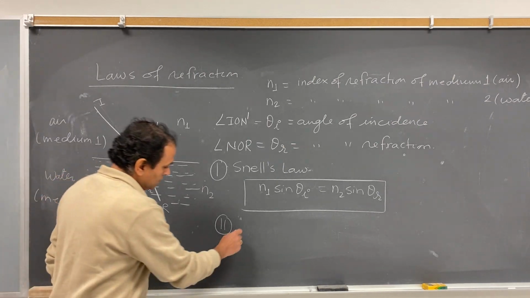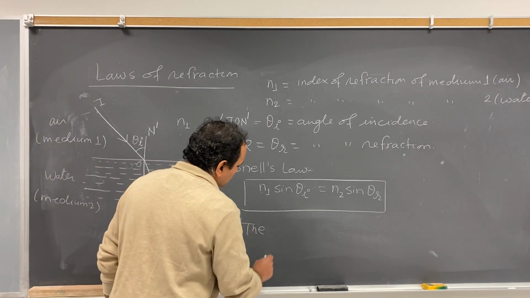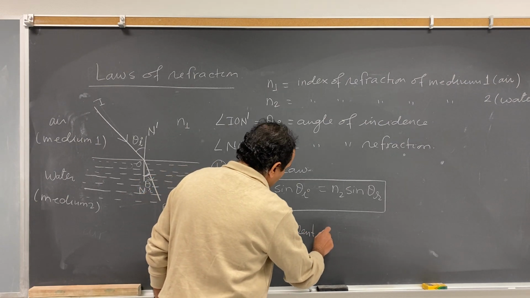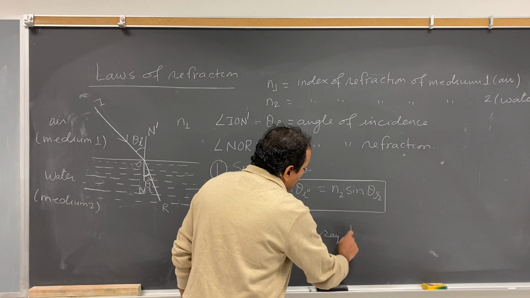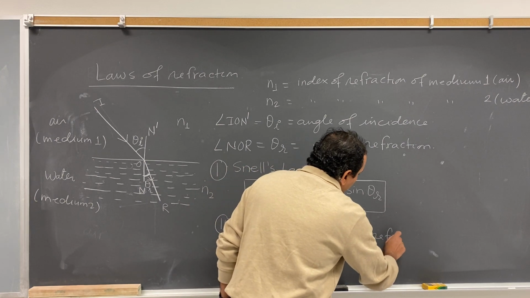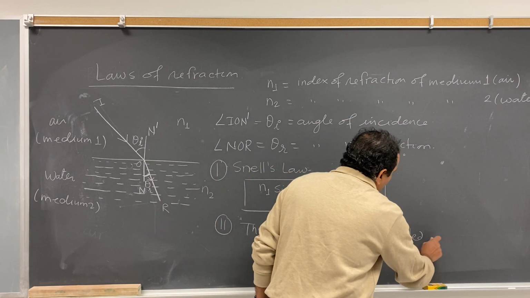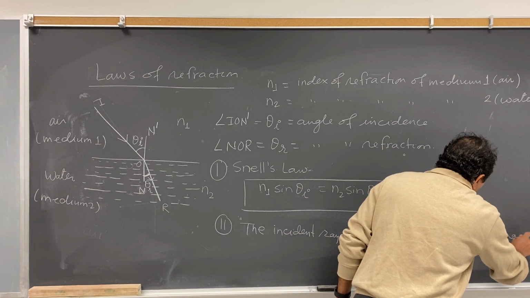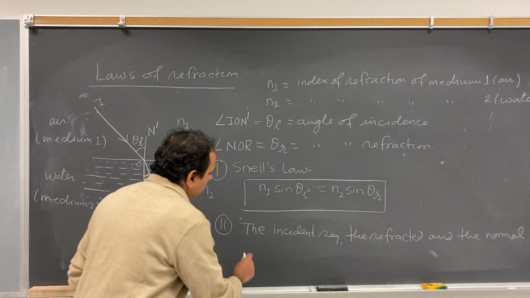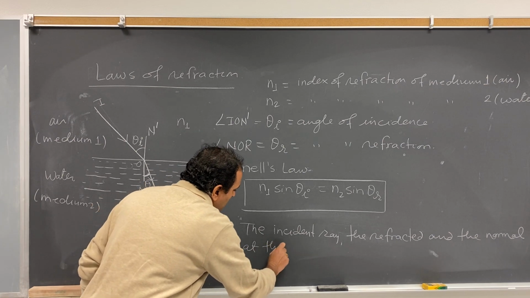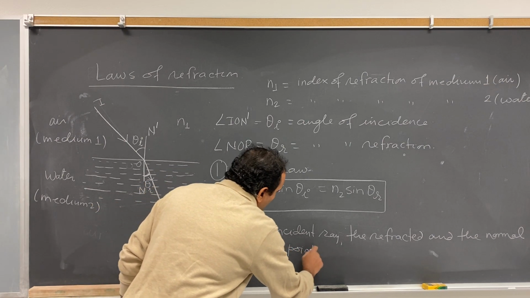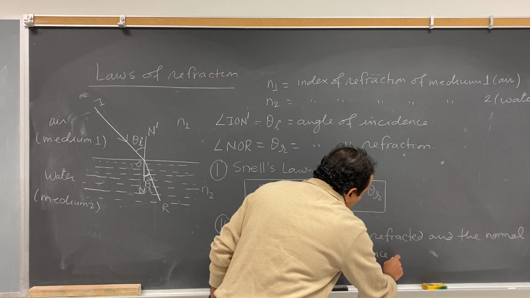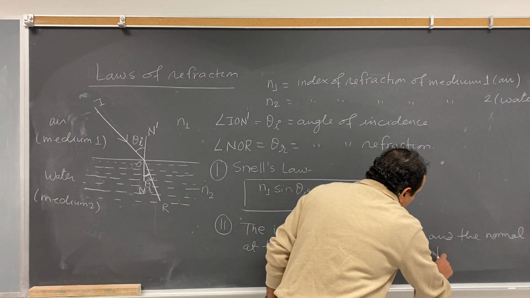Okay. So the second law is the incident ray, the refracted ray, and the normal at the point of incidence lie on the same plane.